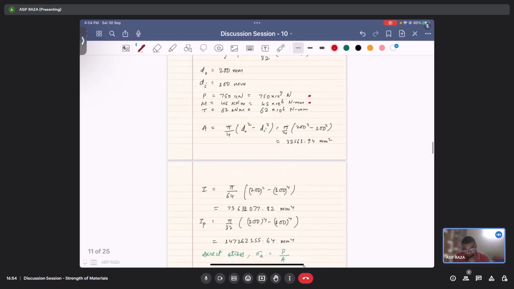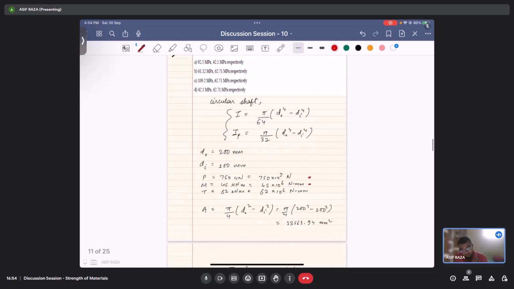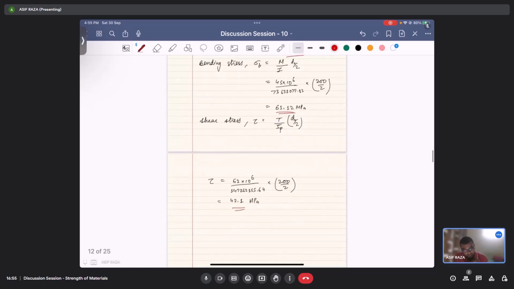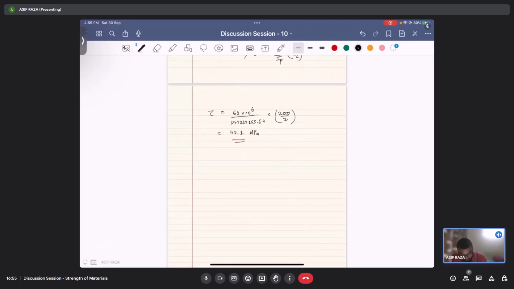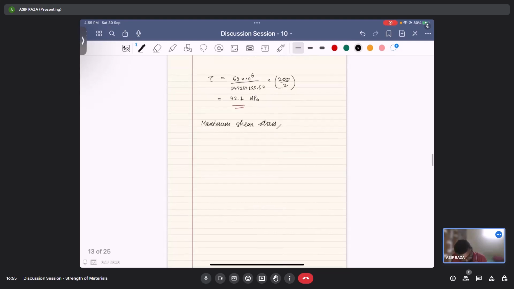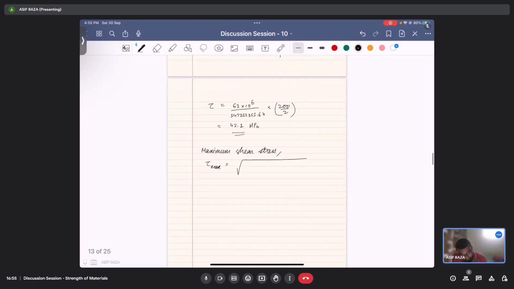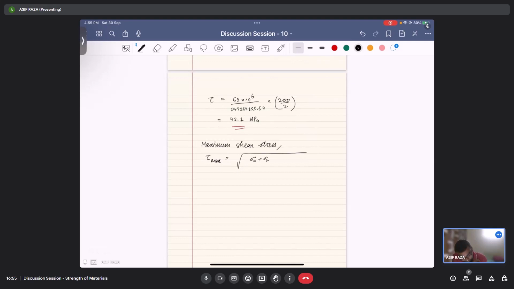Now we need to find the maximum principal stress and maximum shear stress. To find maximum shear stress, tau max would be equal to the square root of ((sigma A plus sigma B) by 2) whole square plus tau square.